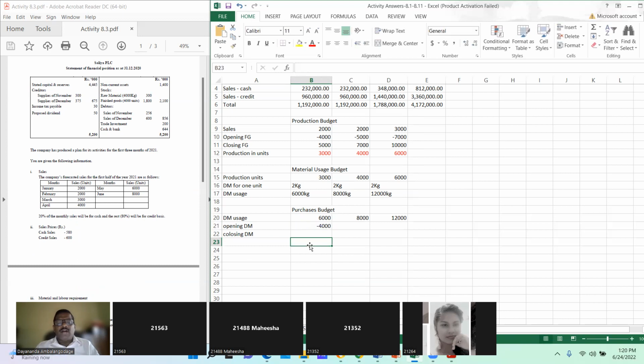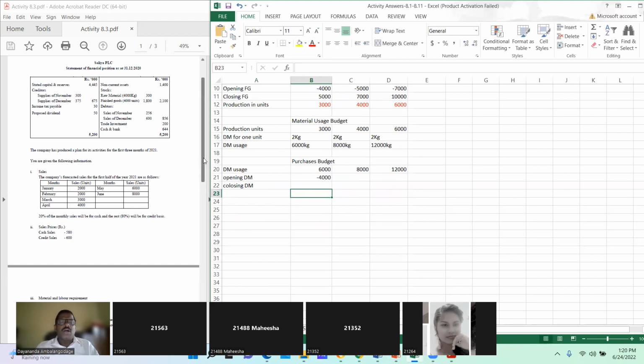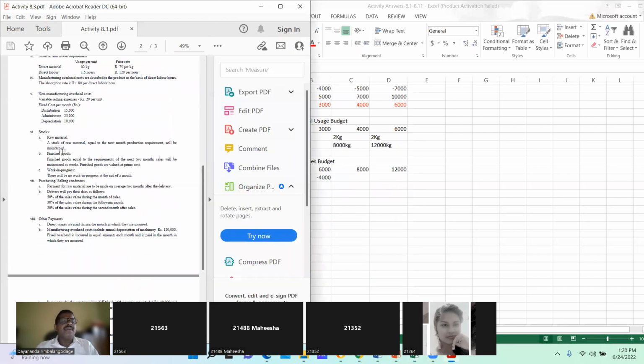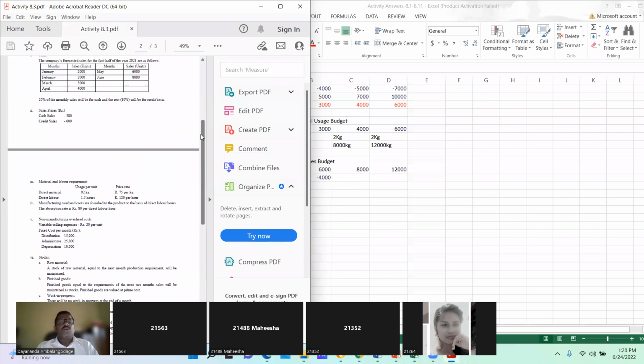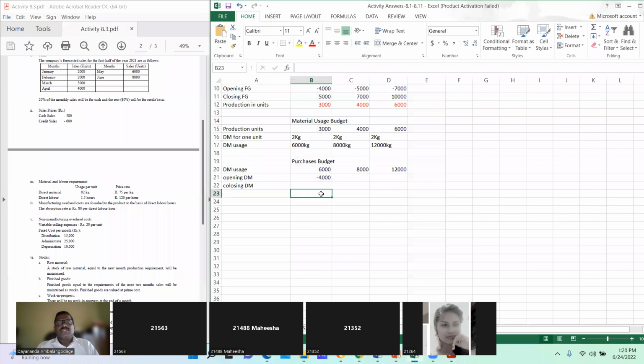And we need to find out the policy of finished raw material. It says that stock of raw material equal to next month production requirement will be maintained. So always next month production. So here the next month production would be 4,000, right?